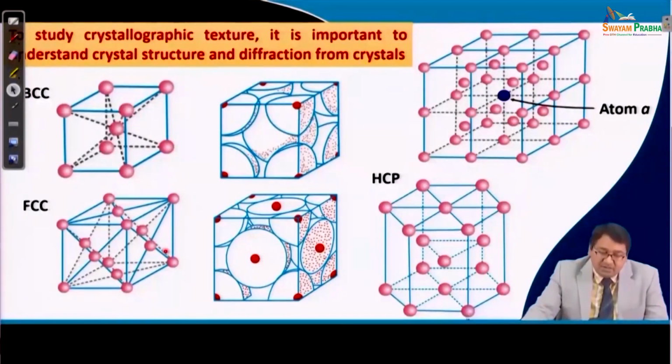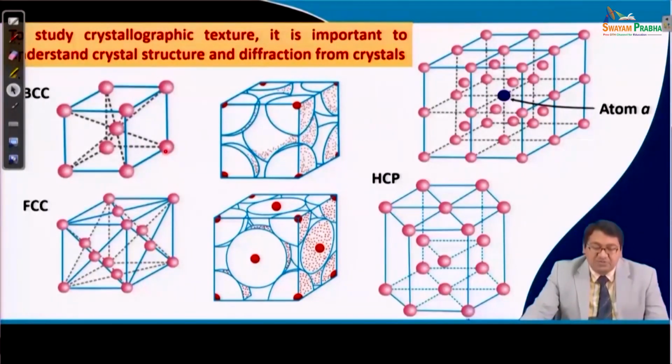significantly. Now, coming to the basics, you see body centered cubic material contains atoms at the corners, and on the other hand you see there is always one atom at the center, and this constitutes a unit cell.